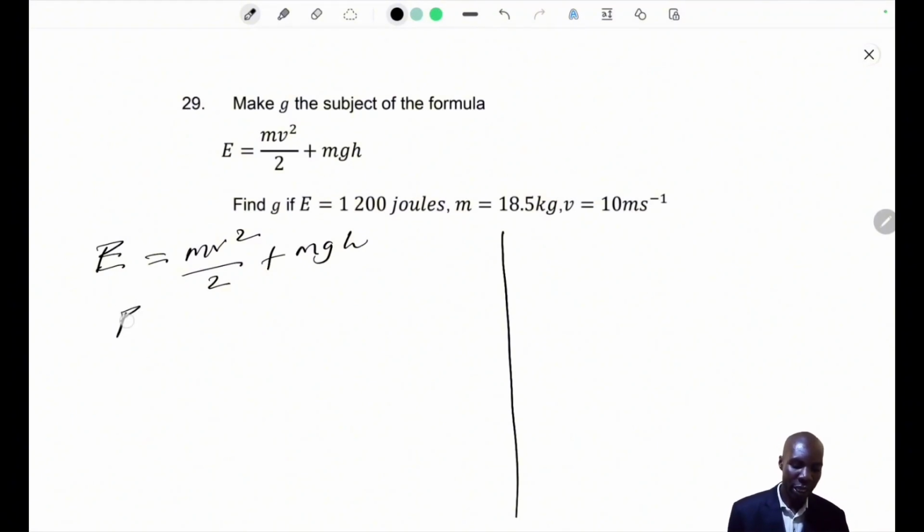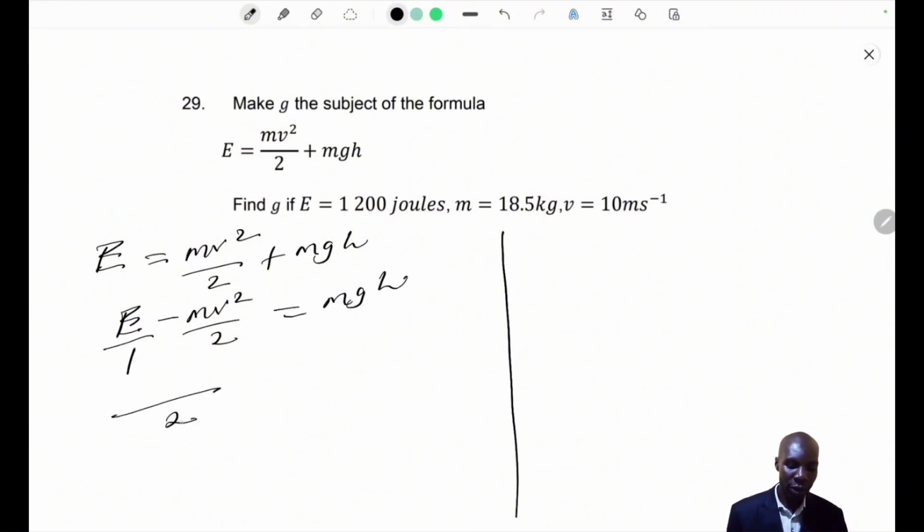So we know that E minus mv squared over 2 is equal to mgh. So here over 1, LCM is 2. 1 goes into 2, 2 times. 2 times E, 2E. Minus 2 goes into 2, 1 times. 1 times mv squared is mv squared. Should give us mgh.